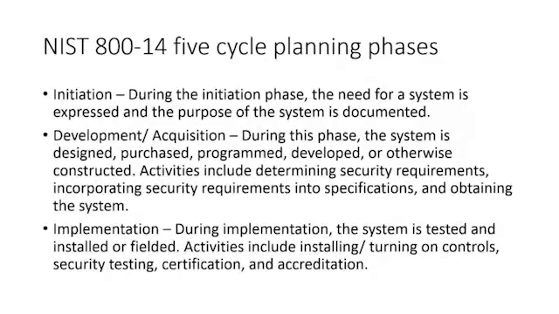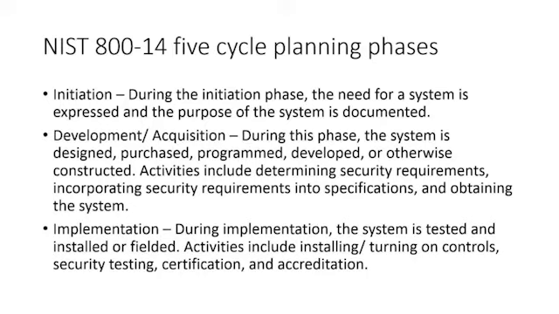So then once we have the request come through, we get into the development and acquisition stage. During this phase, the system can be designed, purchased, programmed, developed. Somehow it's put together. It's constructed somehow, right? Because that's the whole engineering part of it. So we need to determine security requirements at this point. We're going to look and say, what requirements do we have when it comes to security?